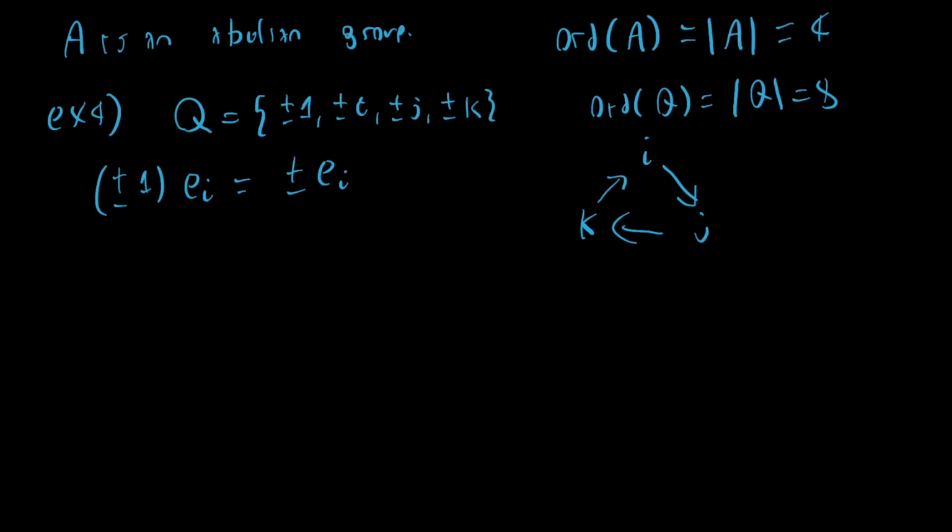So for example, suppose we want to multiply I with j. We go from I to j, we follow the direction of the arrow, and following the direction of the arrow, we go here. Then the result is plus k. So I times j is k.